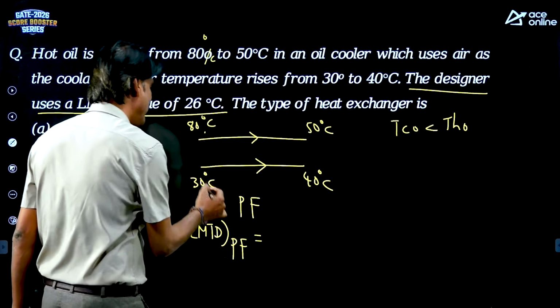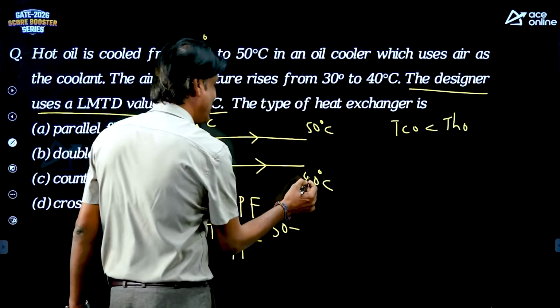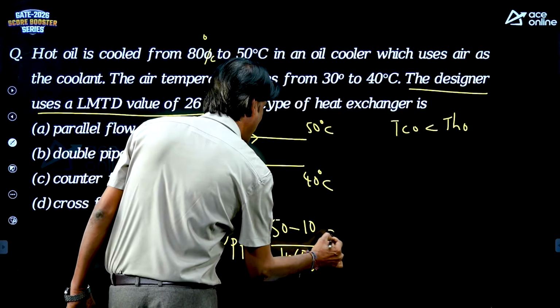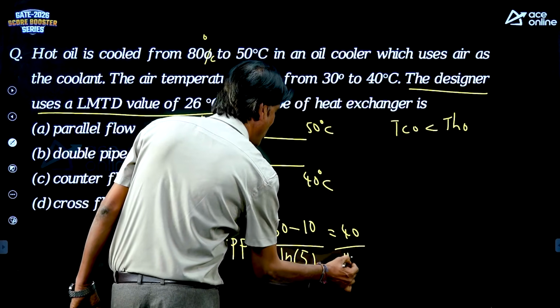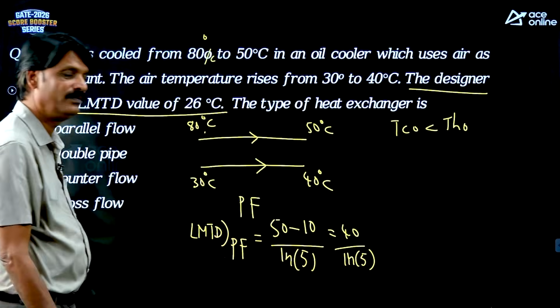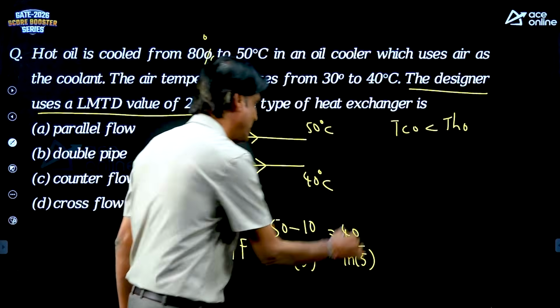This comes out to be 80 minus 30, 50, and 50 minus 40, 10, divided by log 5. This is 40 by log 5. This value is less than 26. If you want, you check.